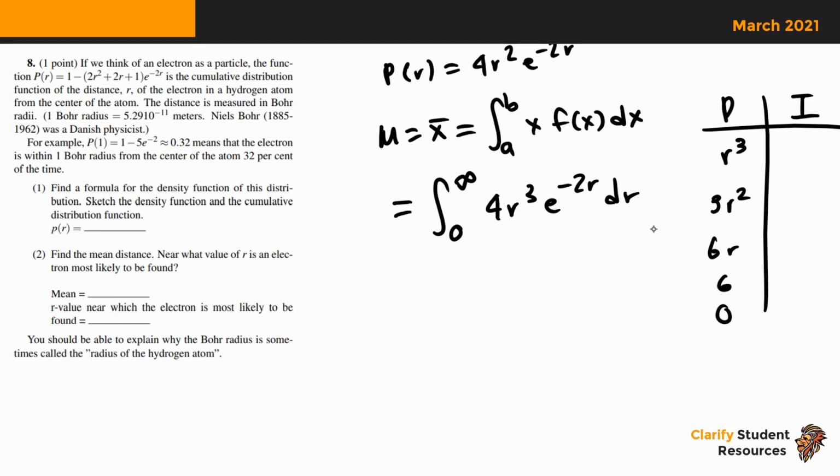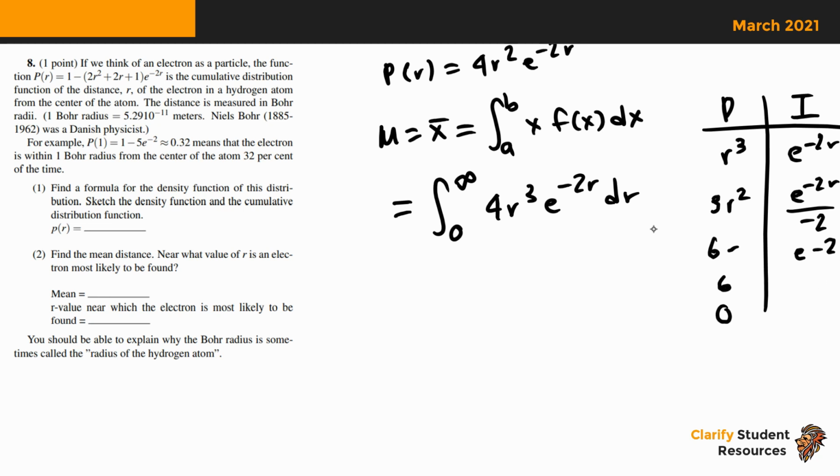And the integration side is going to be the e, or the non-terminating side. So we get e to the negative 2r, e to the negative 2r over negative 2, e to the negative 2r over negative 2 times negative 2, so it's going to become 4.